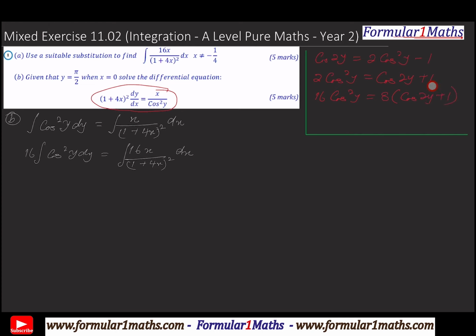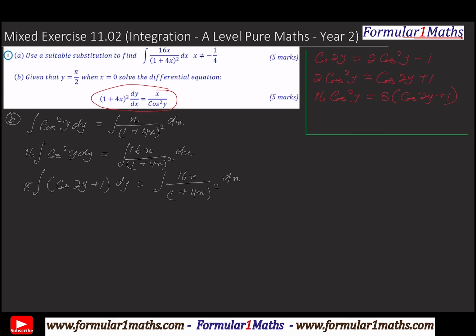I can now do my substitution here easily as follows. 8 integral of cos 2y plus 1 dy equals the integral of 16x over (1 plus 4x) all squared dx.